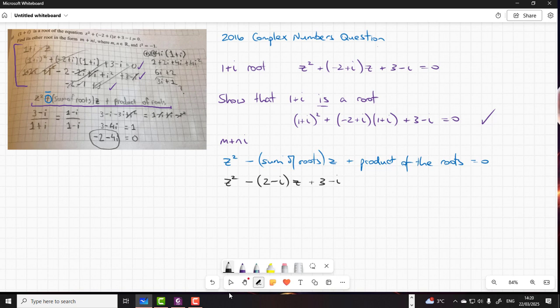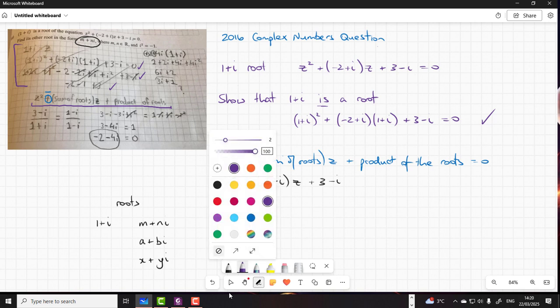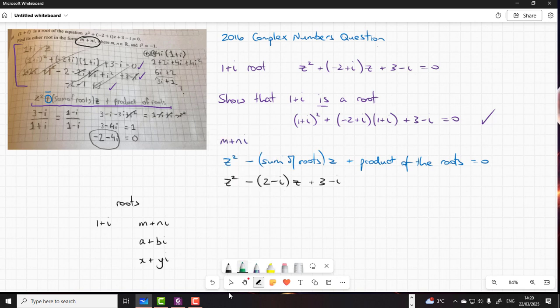Now remember, our roots are as follows. The one that we were given, 1 plus i, and then the other root is in the form m plus ni, or we could call it a plus bi, or x plus yi. It doesn't really matter what we call it. They've given it m plus ni. Well, if we break it down then, this here is the sum of the roots.